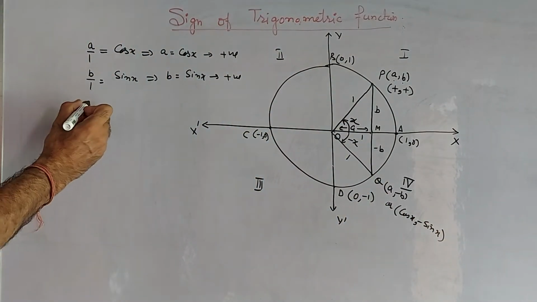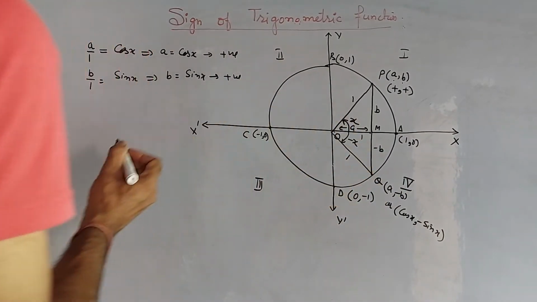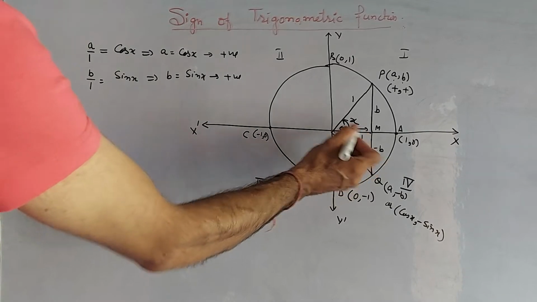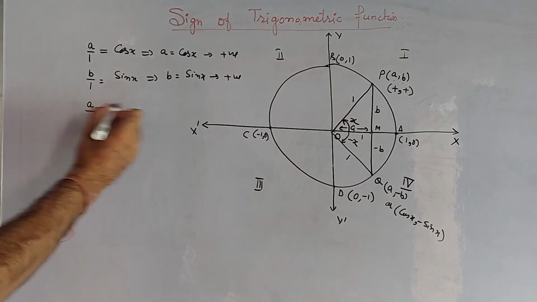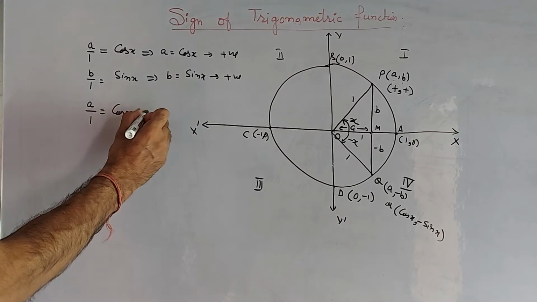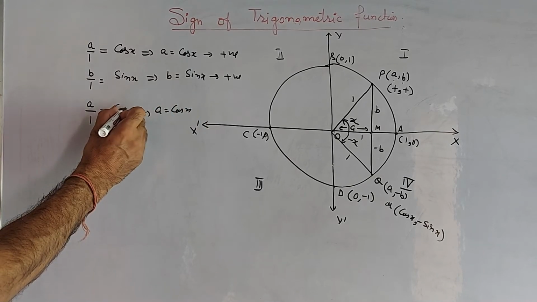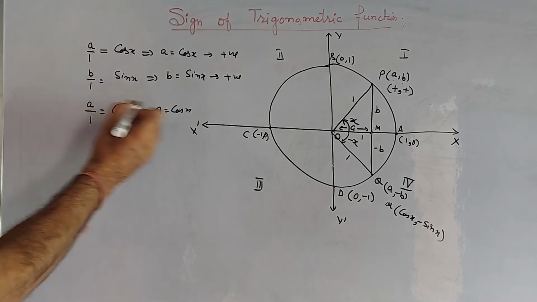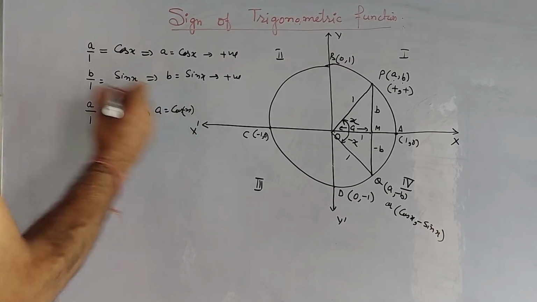Therefore, in this triangle, this is the perpendicular, this is the base and this is the hypotenuse. Therefore a upon 1 is again cos x, which implies a is cos x.